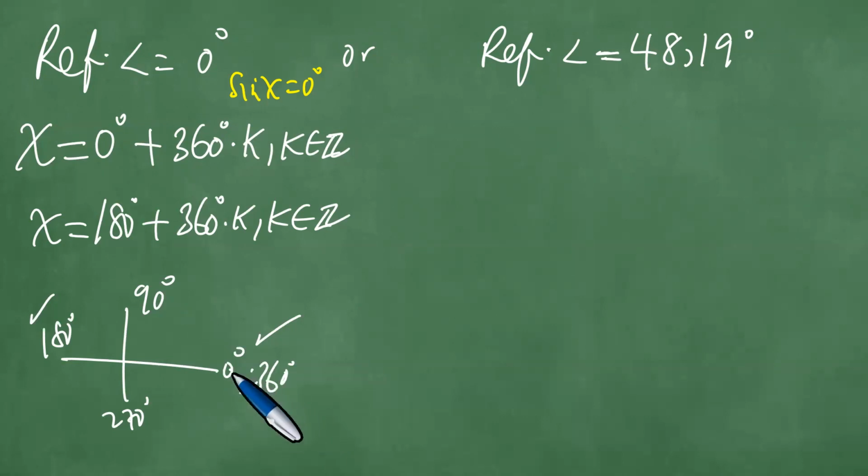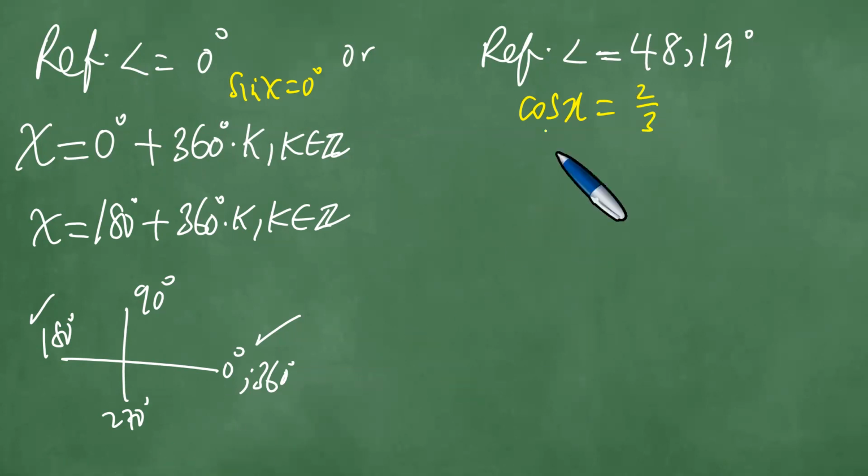So we need to have x equals 0 degrees plus 360 k, or 180 degrees plus 360 k. Okay, but we also come to this side here, bearing in mind the equation we had, because we had cosine x equal to 2 over 3.